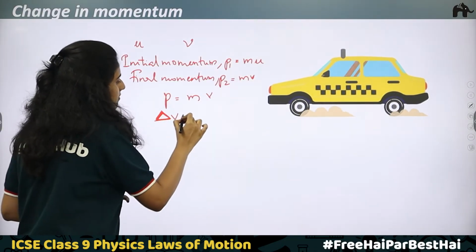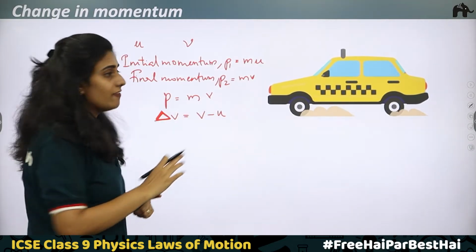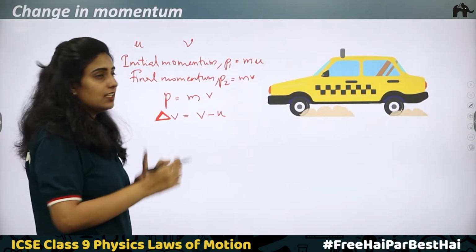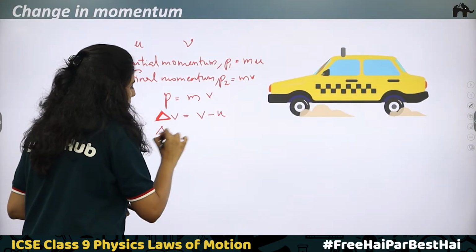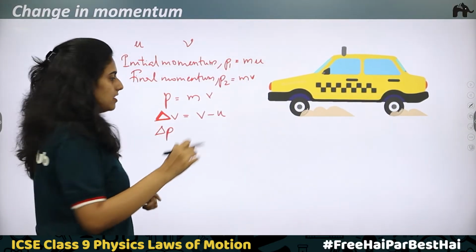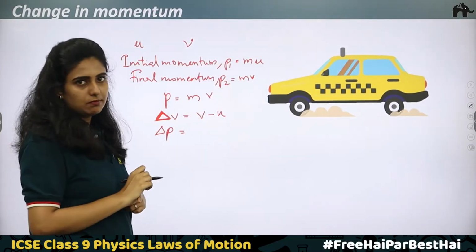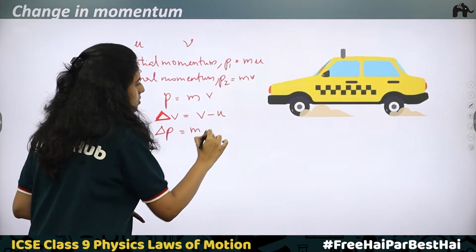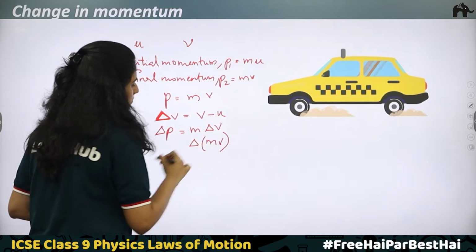So delta v will be equal to v minus u, the change in velocity. When there is a change in velocity, there will be a change in momentum as well. This change in momentum is represented by delta P. And this delta P, for a body, the mass will be the same, so it is mass into delta v, or you can write this as m delta v.